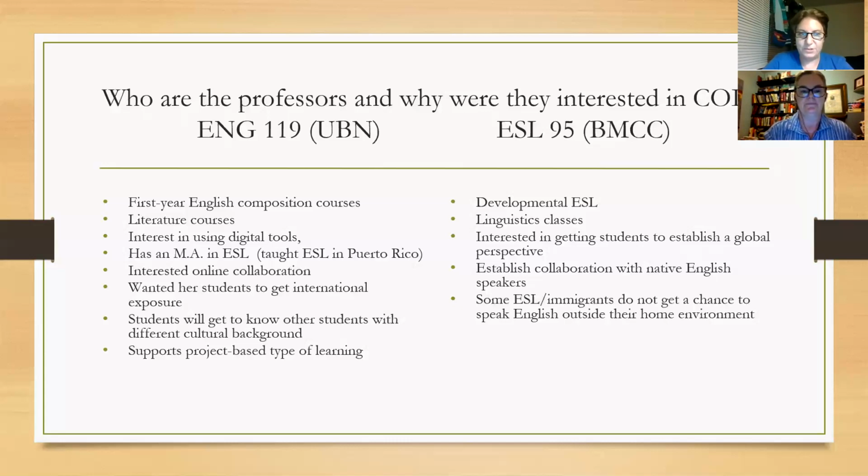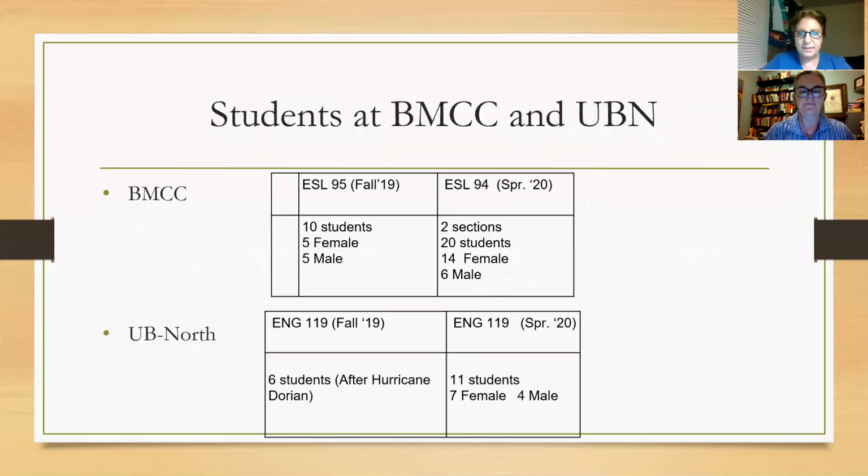Yes, very good. And this is the number of students that we had in our classes. We started the COIL projects. We started working together last fall of 2019, and continued our collaboration in spring 2020. Unfortunately, Hurricane Dorian happened.